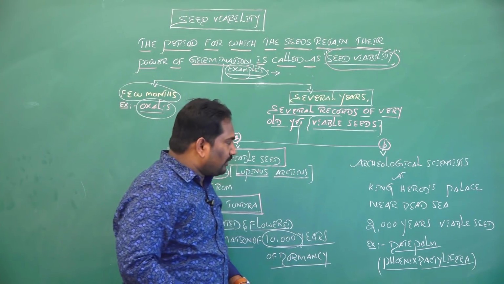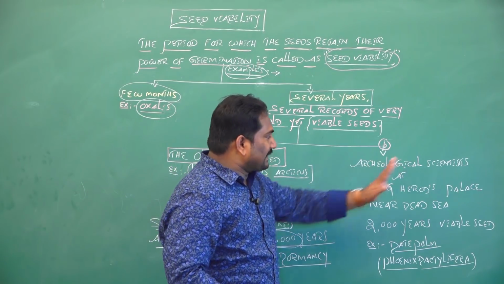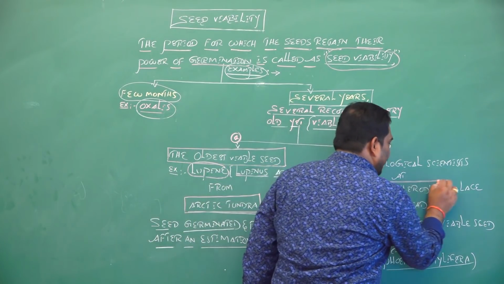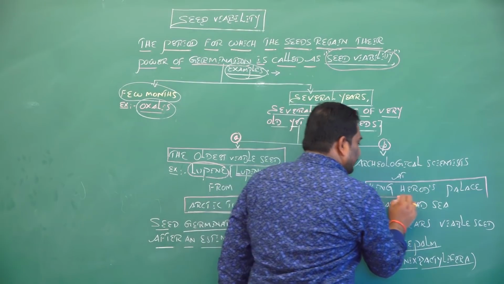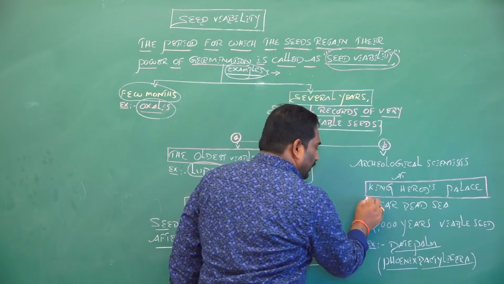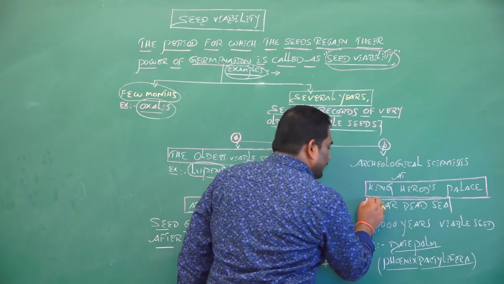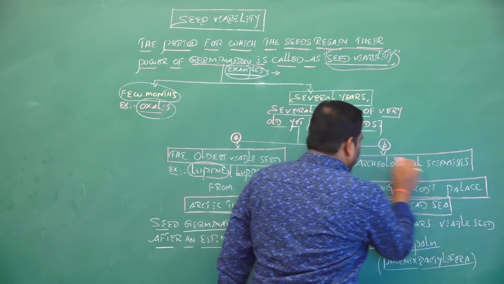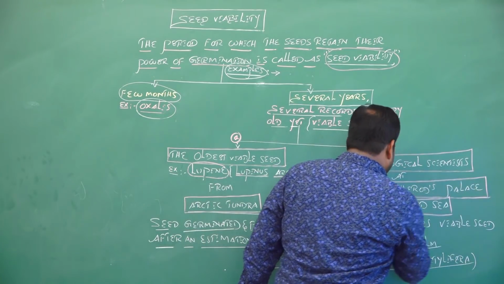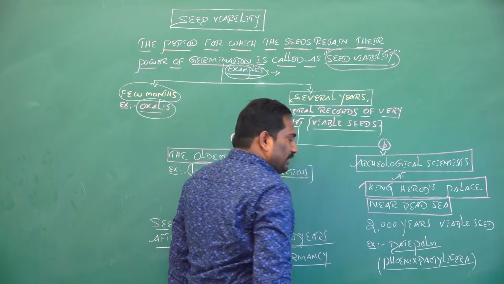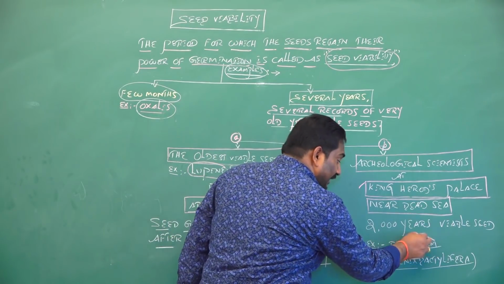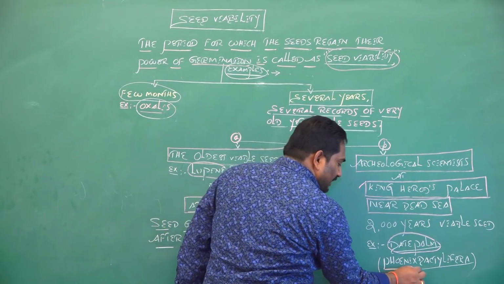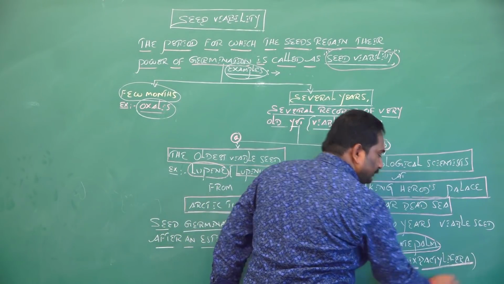The second oldest viable seed is recorded from the place of King Herod's palace, which is located near the Dead Sea. When archaeological scientists visited King Herod's palace near the Dead Sea, they identified one seed, the date palm, scientific name Phoenix dactylifera.